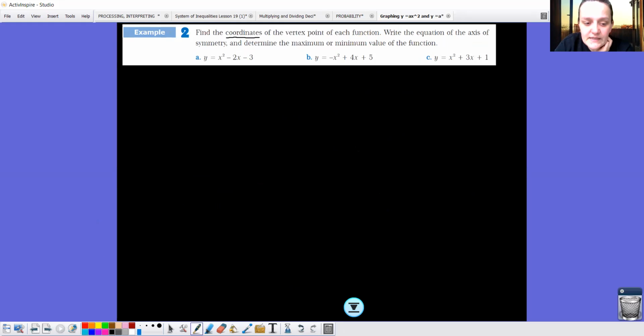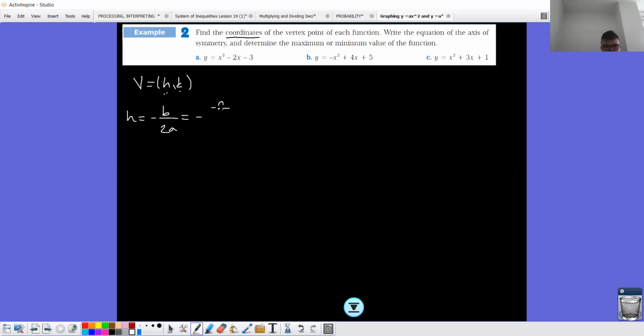Now, firstly, we have the vertex as h and k. These are the coordinates that it is talking about. So h, we said, is minus b over 2a. What is b here in this function? Minus 2 over 2 times 1. This minus and this minus will be plus, so 2 over 2 and we will have 1. So h is 1.